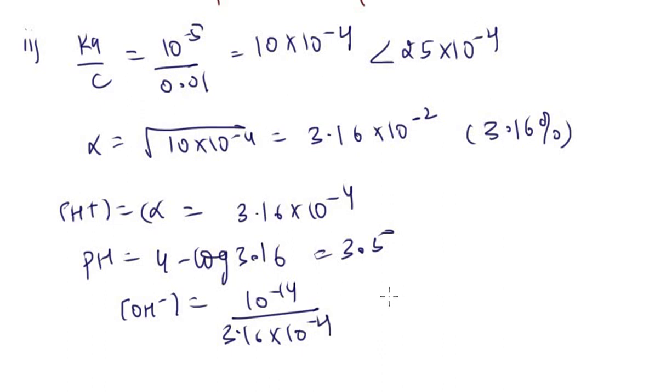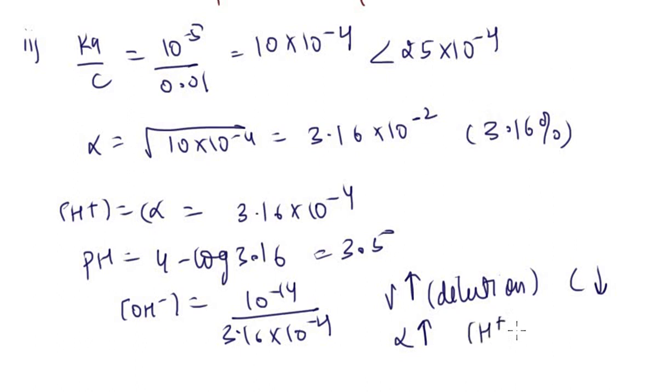You can see what we are observing: when we increase the volume, that is dilution, the concentration is decreasing and alpha is increasing. Now the concentration of H plus is decreased, the concentration of OH minus is increased, and pH will also increase.